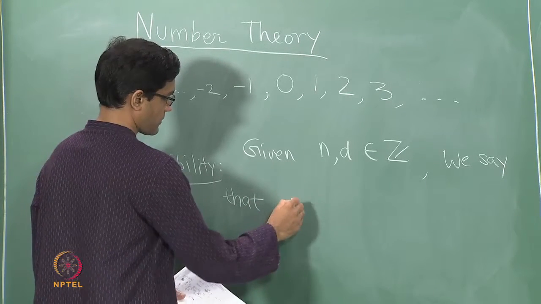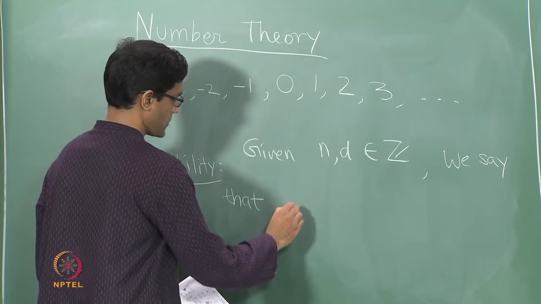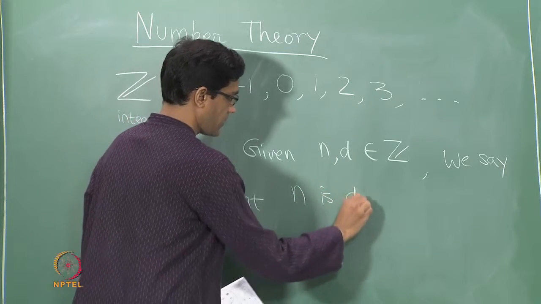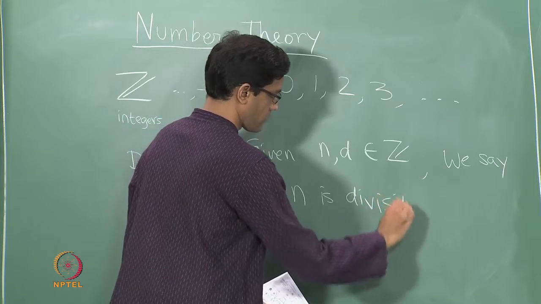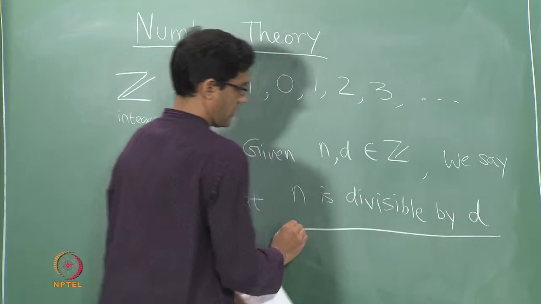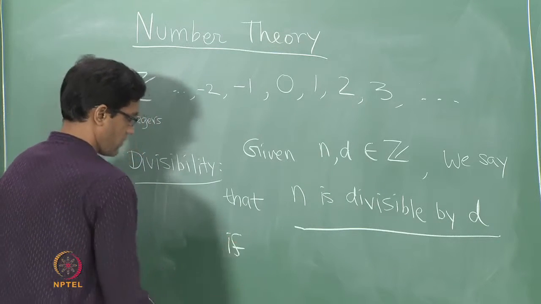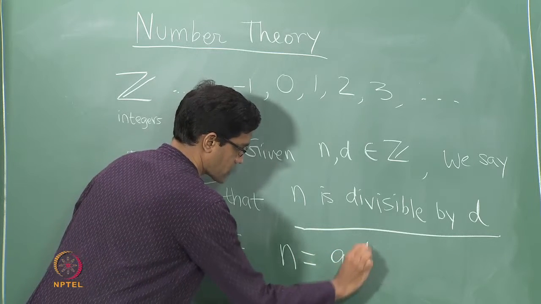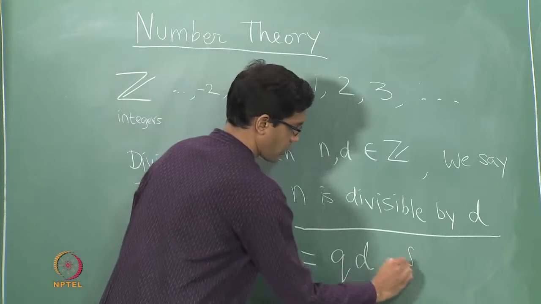There are several different equivalent ways of saying this. We say that n is divisible by d if n is some multiple of d, if n can be written as qd for some integer q.